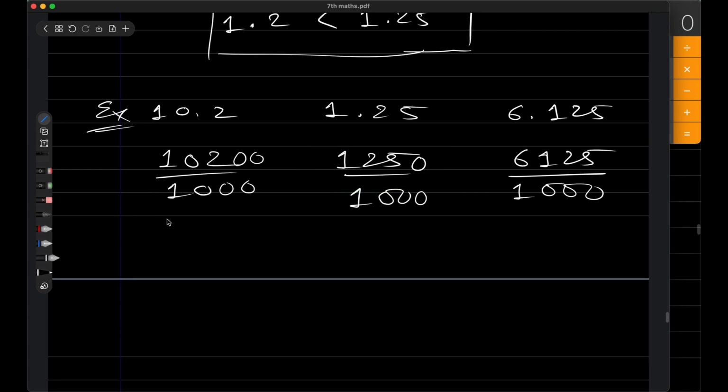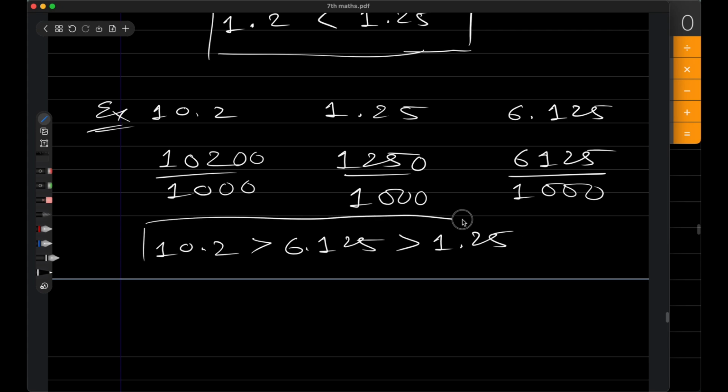So the highest is 10,200, that is 10.2, then we have 6125, that is 6.125, and then the smallest is 1250, that is 1.25, the smallest decimal.